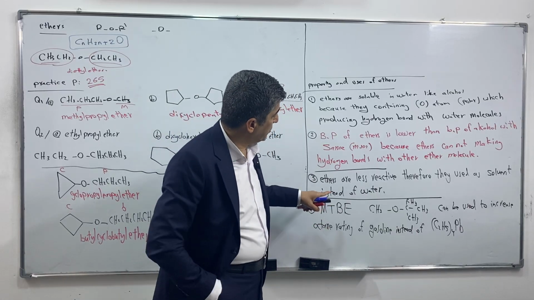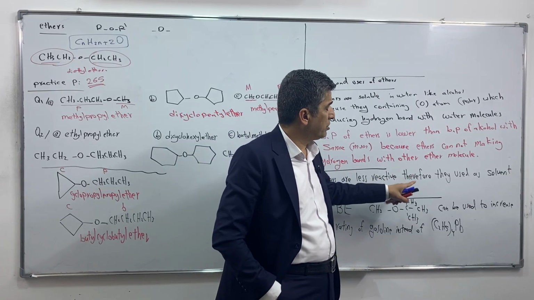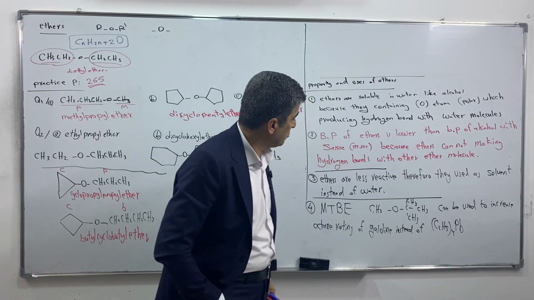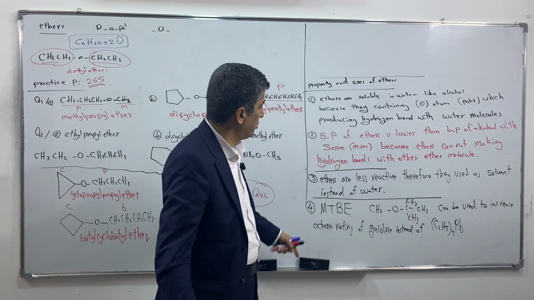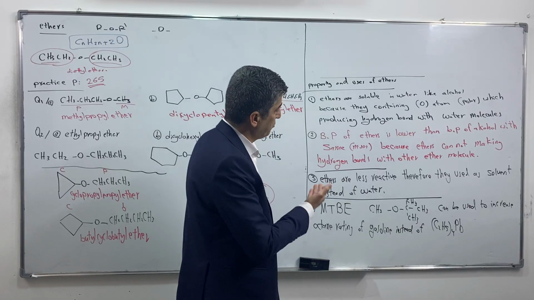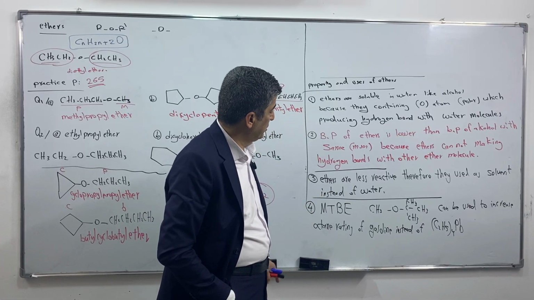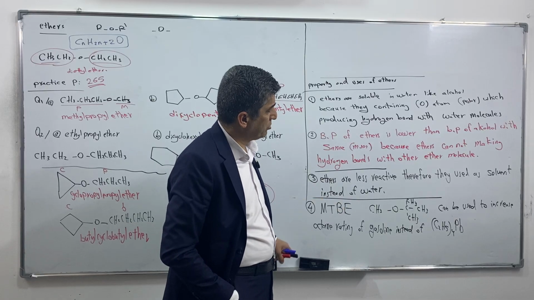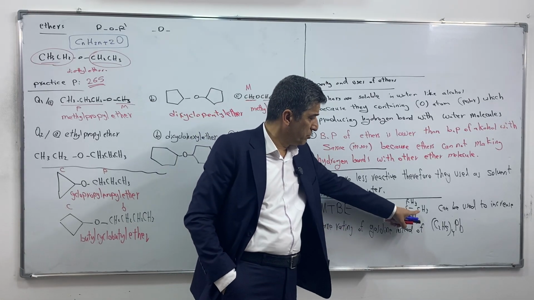Another property of ethers, ethers are less reactive. Therefore, they are used as solvents instead of water in many reactions. When we cannot use water as a solvent, we can use ethers instead. We have a very important compound, MTBE, methyl tertiary butyl ether.